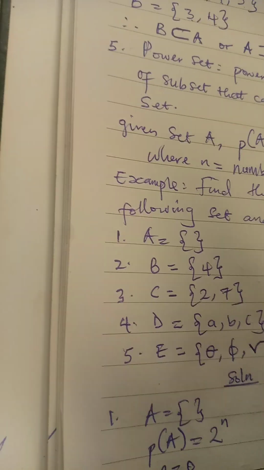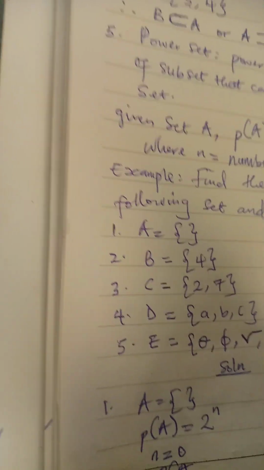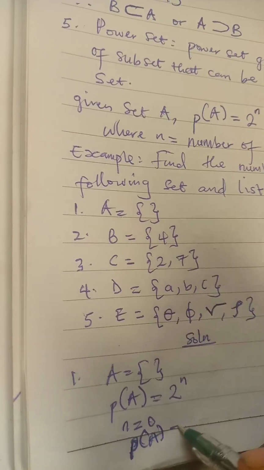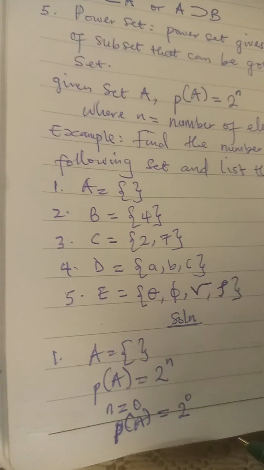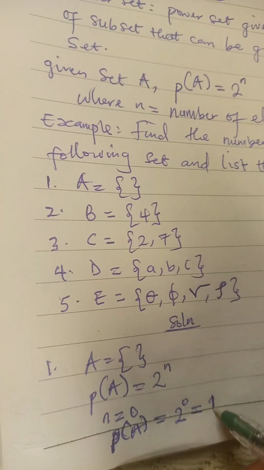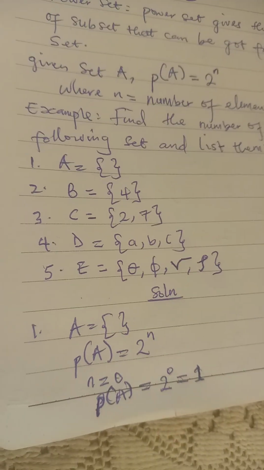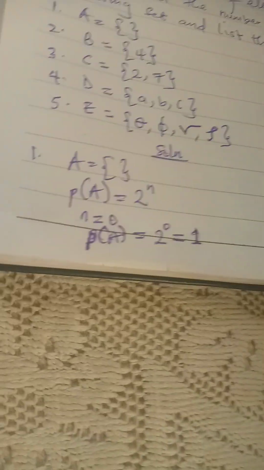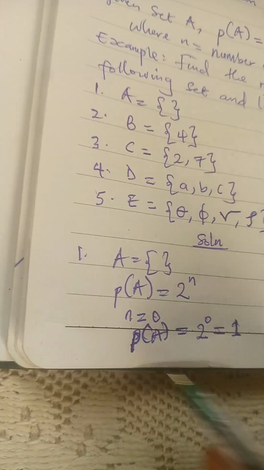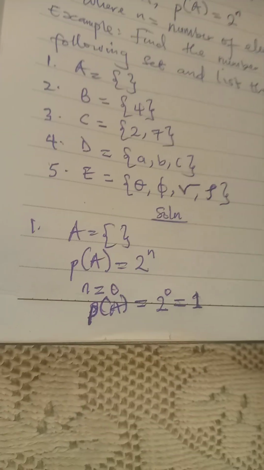So the power set of A is equal to 2 raised to power 0, and we know that 2 raised to power 0 is equal to 1, according to the zero index law of indices.